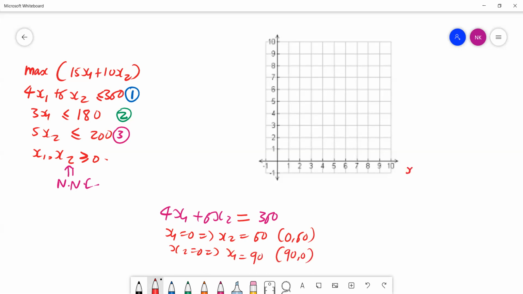So this is my x1. This is my x2. Now, since I have just taken this graph from the internet, just to show you in a better way, I would be scaling this as 1 centimeter equals 10 units.